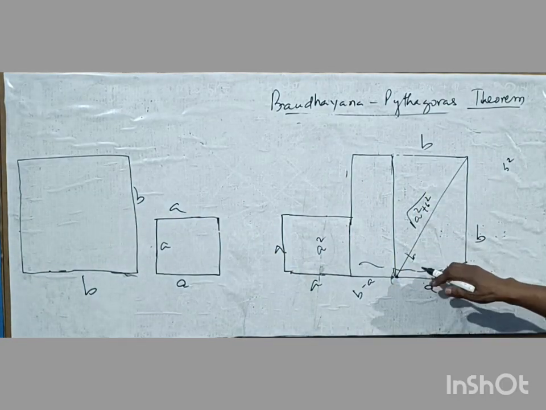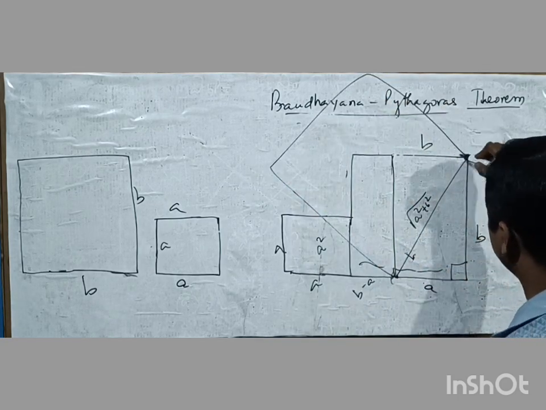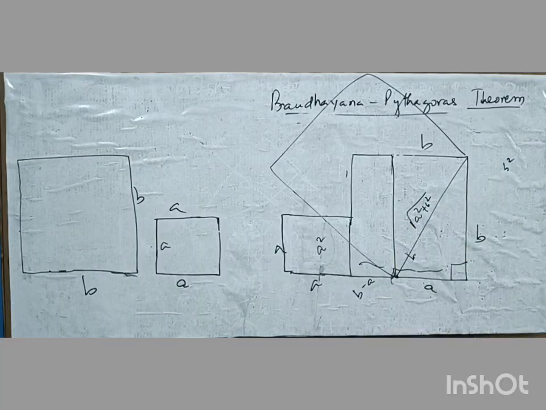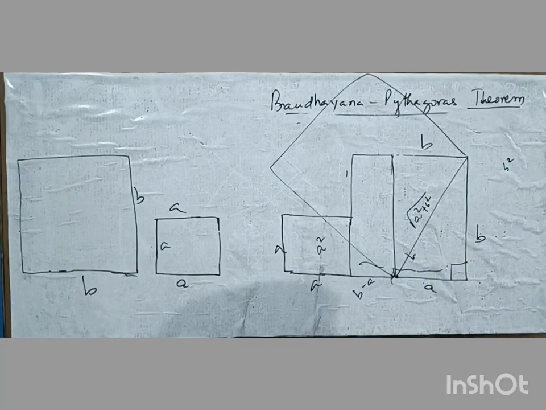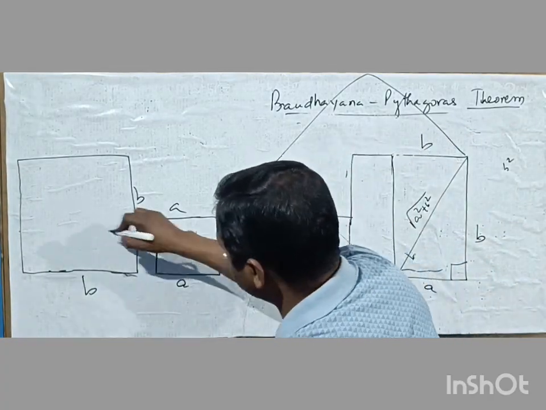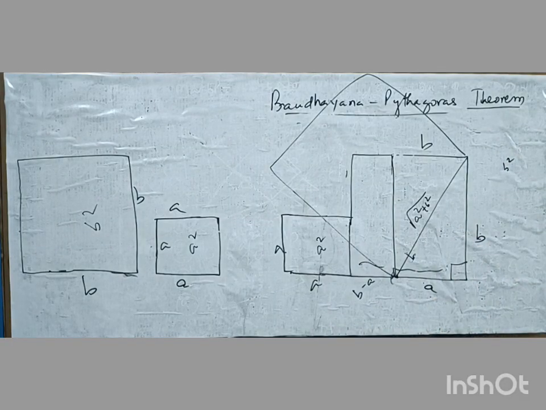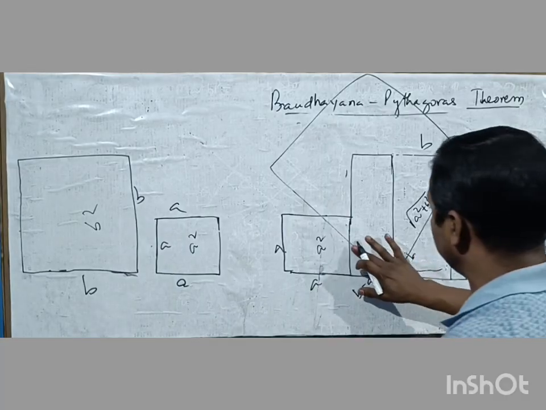Because if I take this as a square having side root over A square plus B square, the area will be the square of this, that means A square plus B square. I want to join these two, this is A square and this is B square, so this area will be A square plus B square. Okay, so this is the final hypotenuse to get the sum.